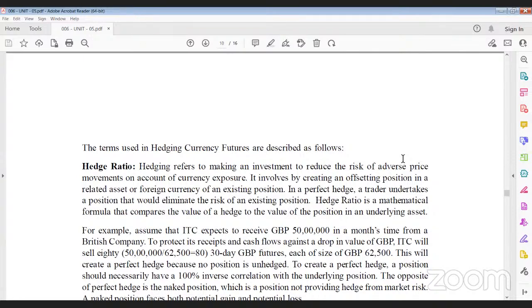Hence, this is used so that the risk is reduced. Suppose in a perfect hedge, a trader undertakes a position that would eliminate the risk of an existing position. It's a mathematical formula which is used to value the position in an underlying asset.